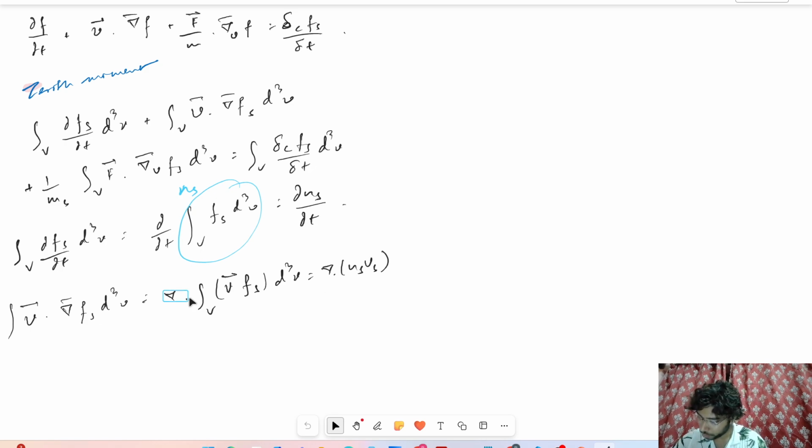What about the third term? Let me first write down the integral of F dot del_v f_s d3v.